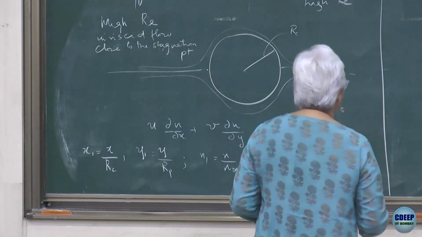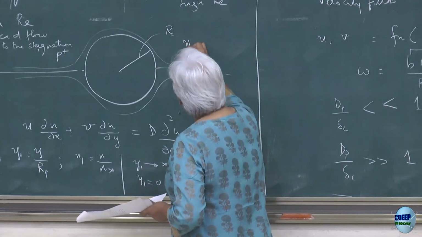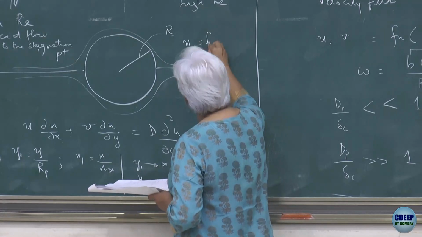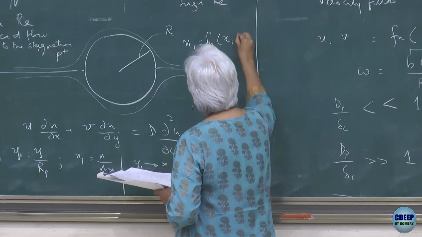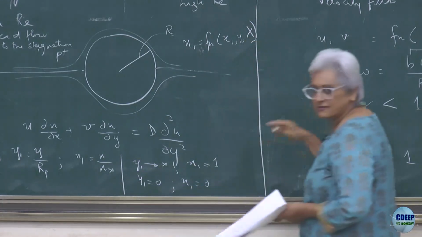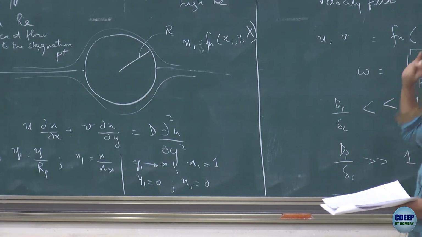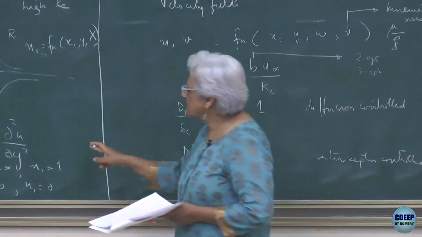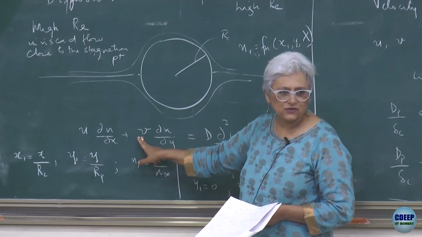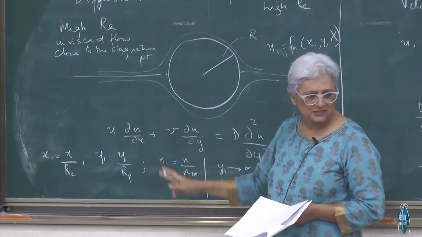So, what is the solution to this? The solution to this is going to give us some concentration field as a function of x1, y1 and this big X, right? That's what we end up with. When we non-dimensionalize the equation, you can write this equation where you're putting the u's, v's, etc. in terms of that capital X, which is your non-dimensional parameter.